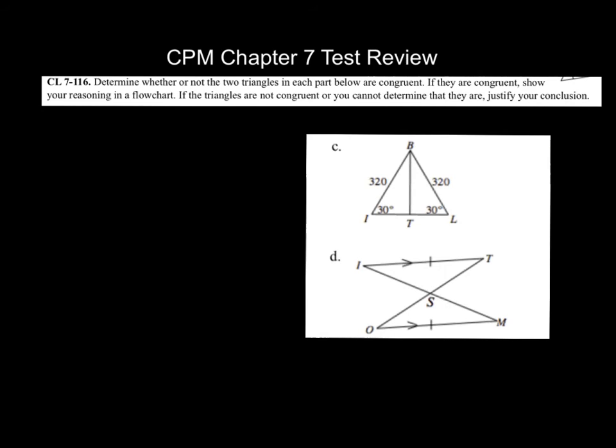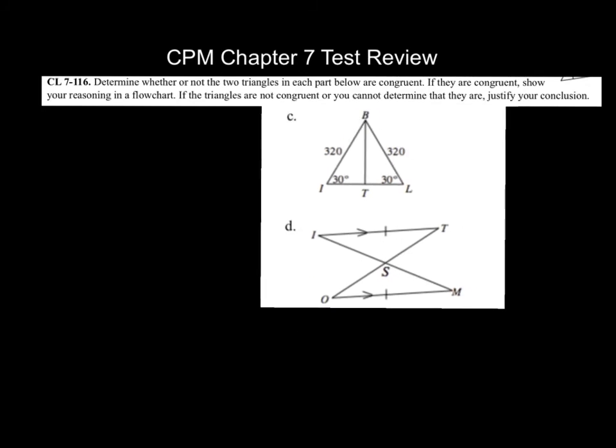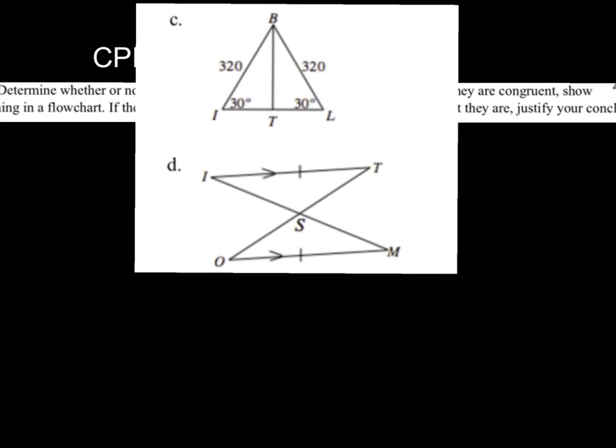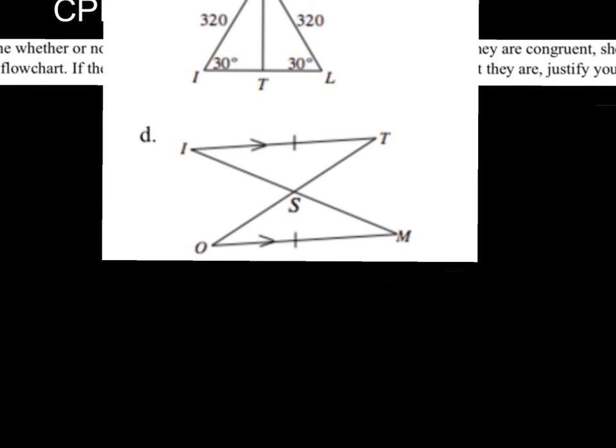All right, last one here is going to be D. So let's look at that. On D, the given information here, what do we have in the picture because of the givens? What do these two arrows mean? Parallel.